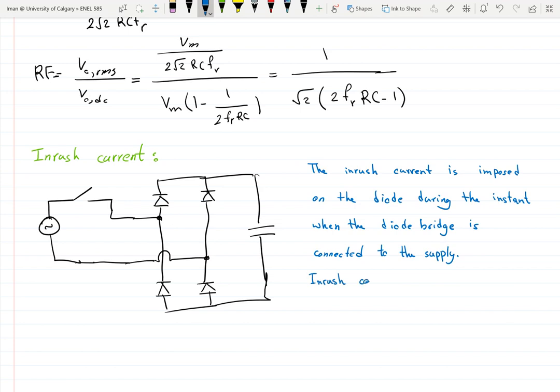Inrush can be very high because the capacitor has zero charge initially.